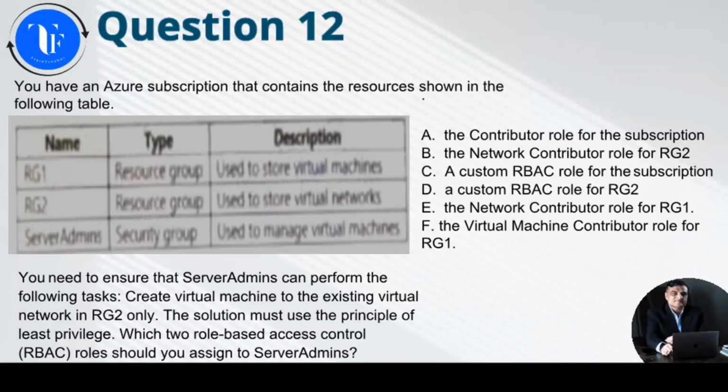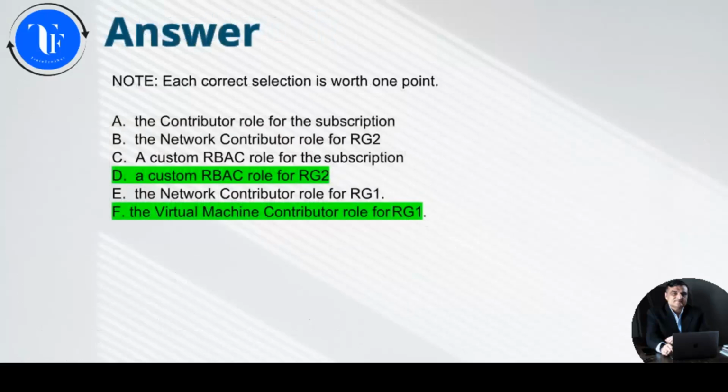The Contributor role for the subscription, the Network Contributor role for RG2, a custom RBAC role for the subscription, a custom RBAC role for RG2, the Network Contributor role for RG1, the Virtual Machine Contributor role for RG1. Answer is D, a custom RBAC role for RG2, and F, the Virtual Machine Contributor role for RG1.